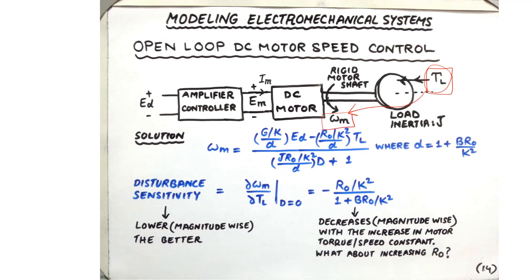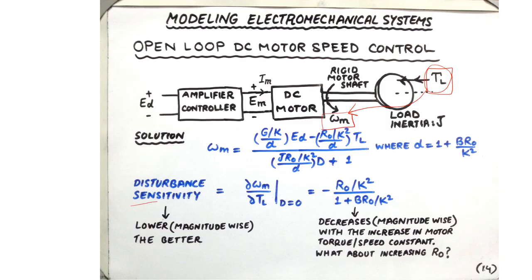Because we don't want external disturbance to change the motor speed, we want to keep the motor speed constant. Therefore, any change in the speed is highly undesirable when the agent of the change is external disturbance.